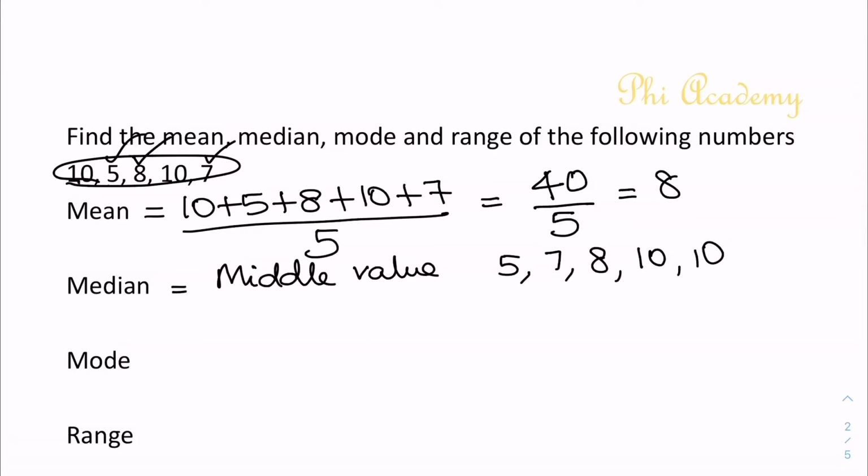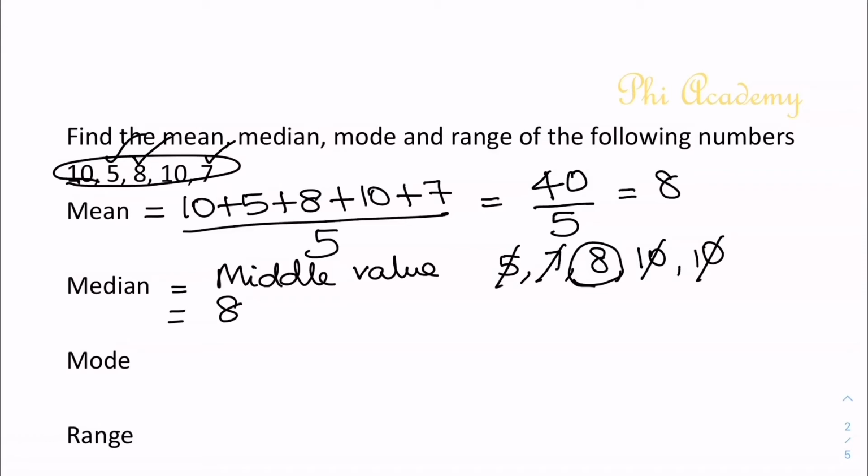So to work out the middle value, what we can do is start from the ends and count inwards. So 5 and 10, 7 and 10, and we will then end up with one middle value, which is nothing but our median, and the answer is again 8.